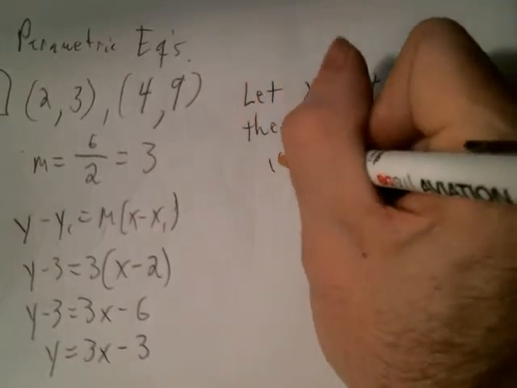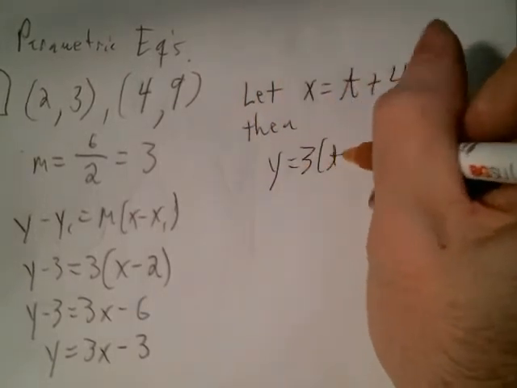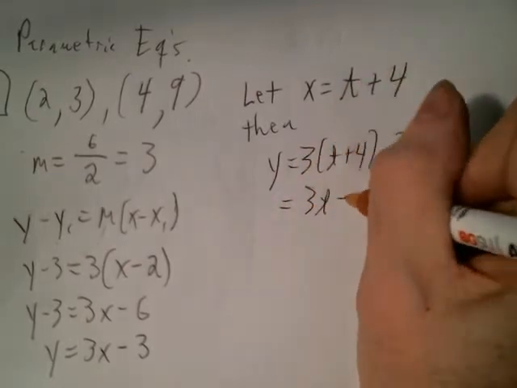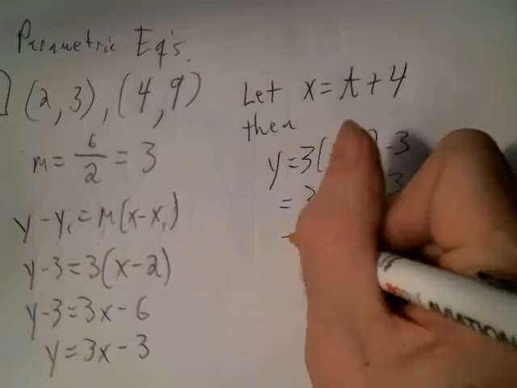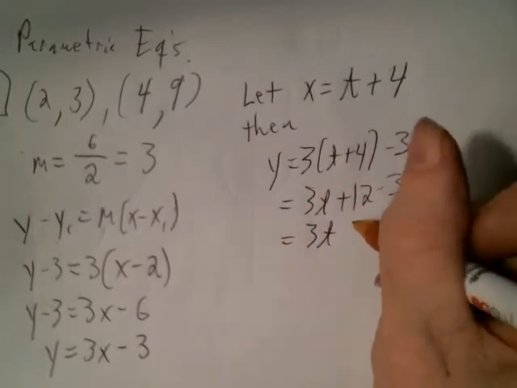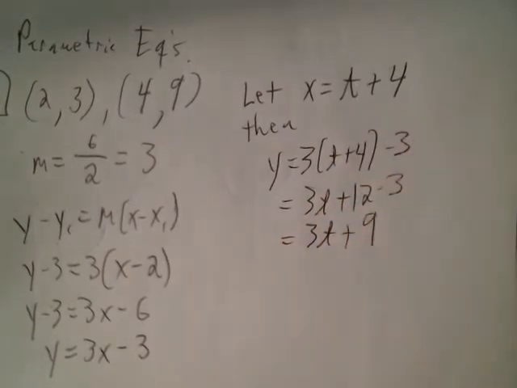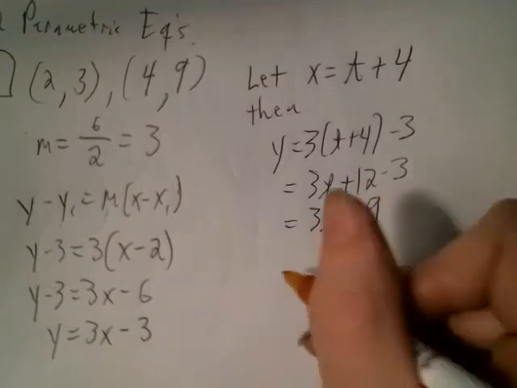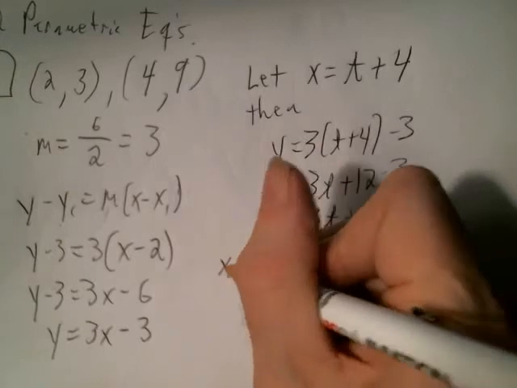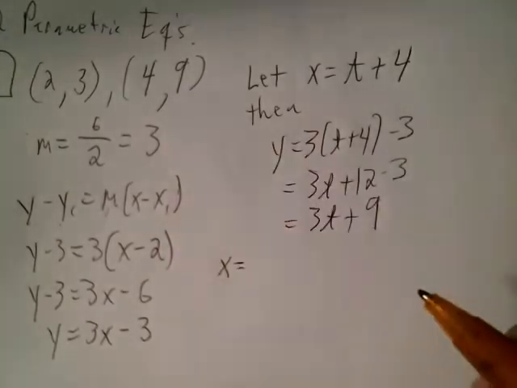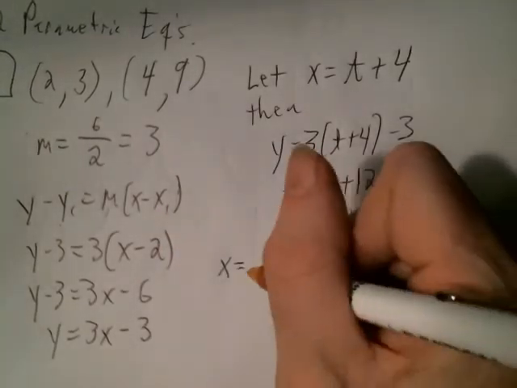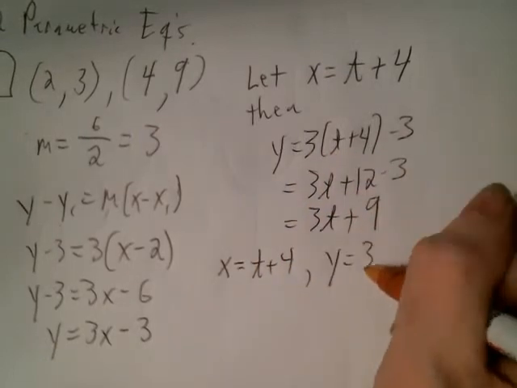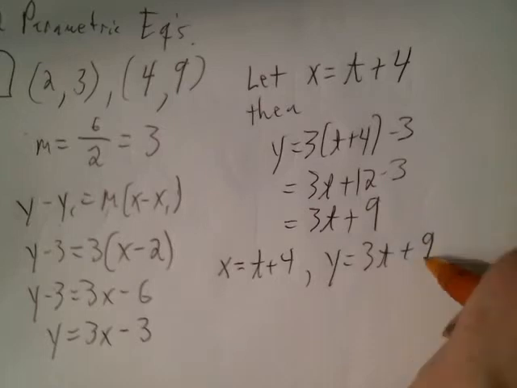Then we would have y equals 3 times t plus 4 minus 3, which is 3t plus 12 minus 3, which is 3t plus 9. So what we have here is a set of parametric equations for this line, believe it or not. x equals t plus 4, and y equals 3t plus 9.